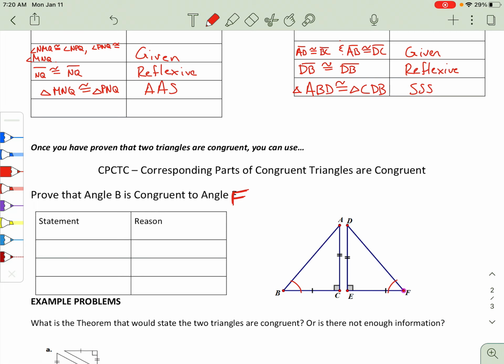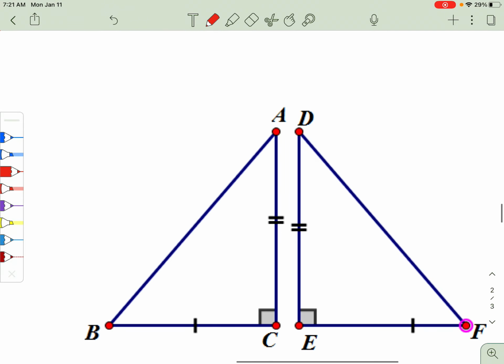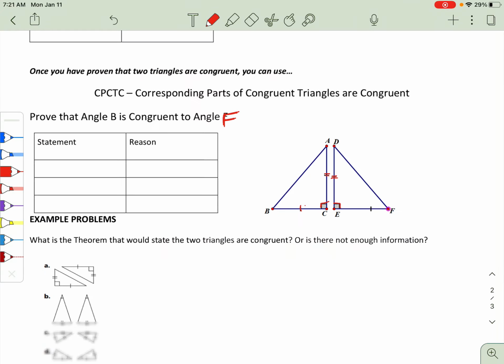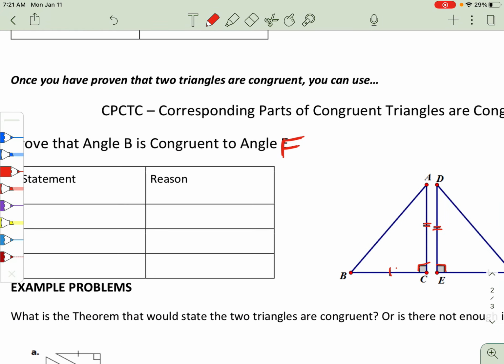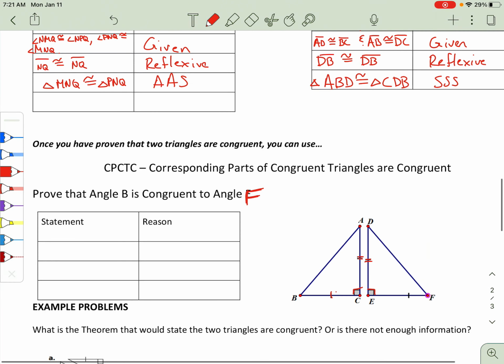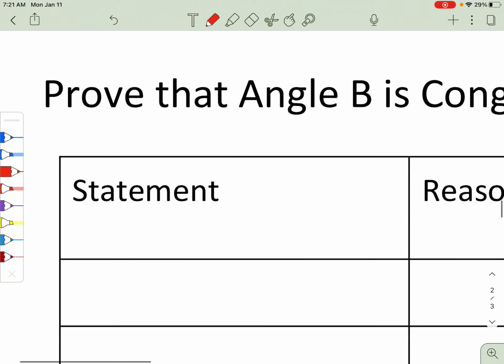Okay? All right. So first of all, let's prove that the triangles are congruent. Then we can prove that their parts are congruent. So what's given to us? Well, it's given that we have two legs and an angle in between that are congruent. So that would be side, angle, side. First of all, statement: BC is congruent to EF.